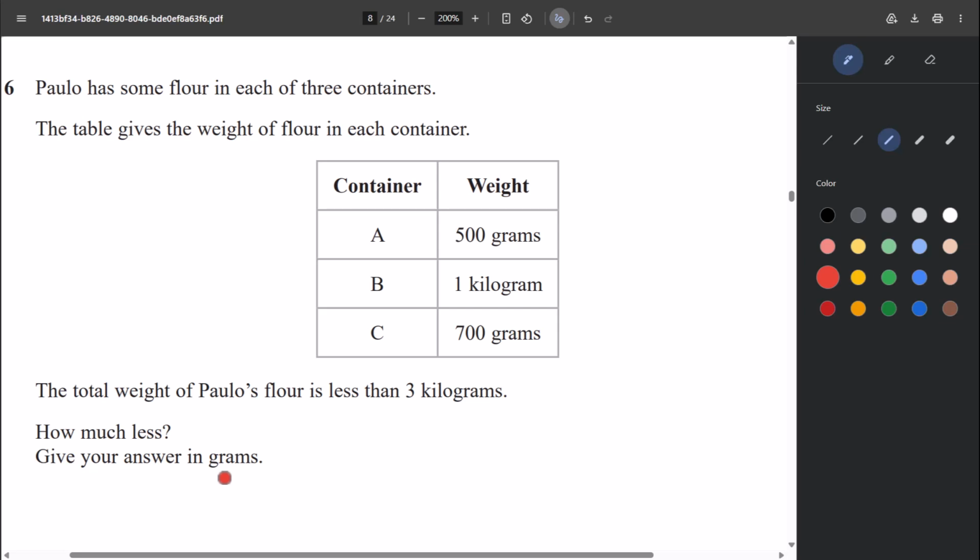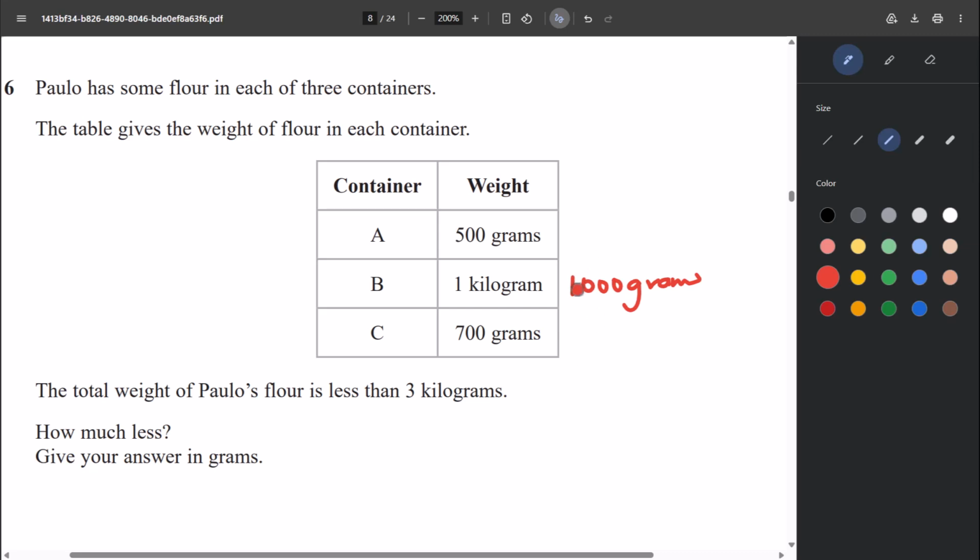All right. So the first thing I'm going to do is write the weight in grams. We already know that this is in grams, but the flour in B is 1 kilogram, and 1 kilogram is the same as 1,000 grams.